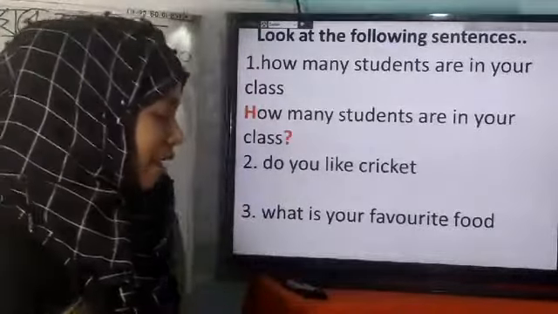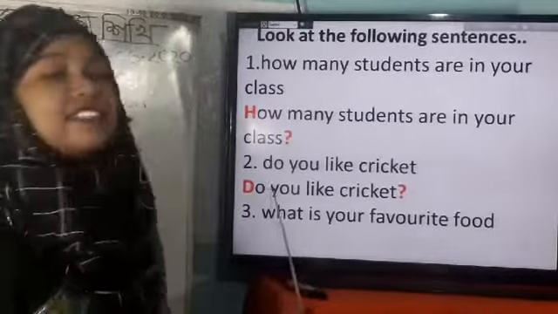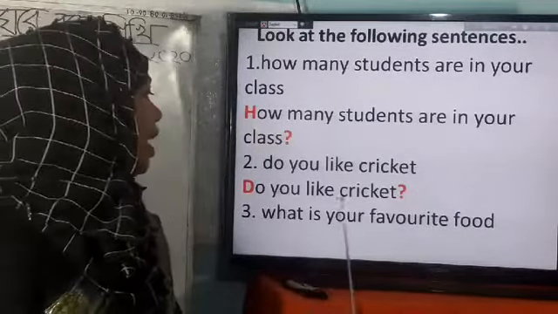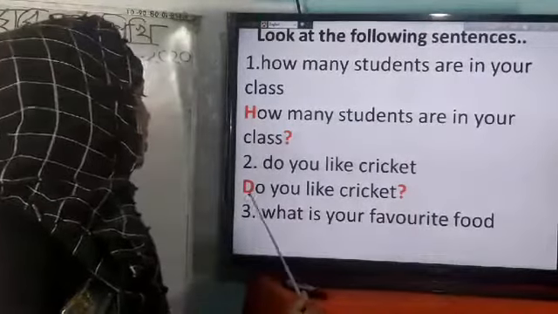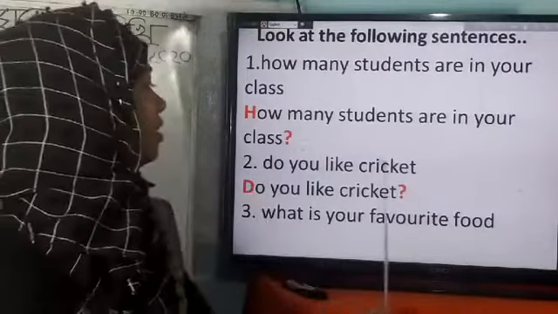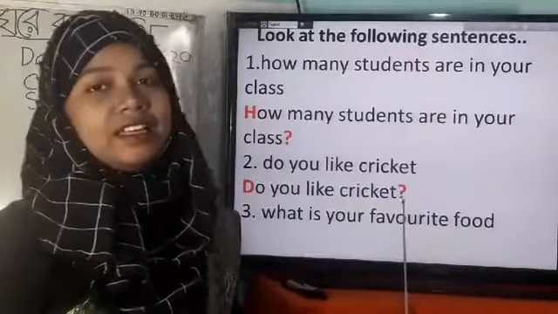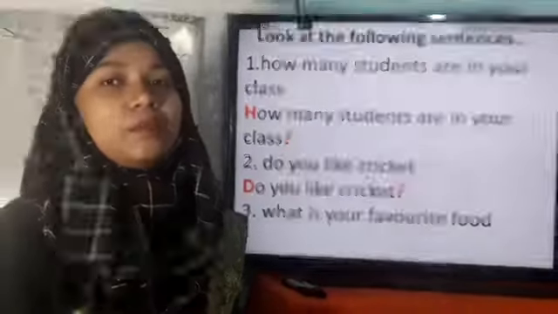And how can we write it? Yes, this is the correct sentence. Do you like cricket? And here, the first word is D, capital. And at last, after finishing, here is a punctuation mark and it's a question mark.